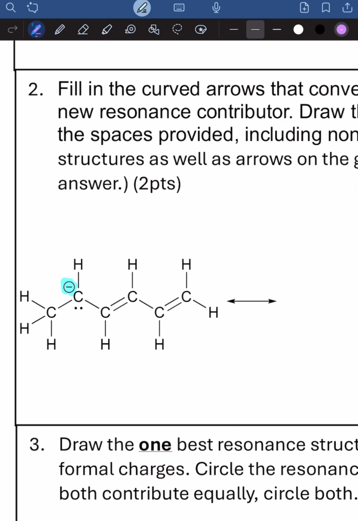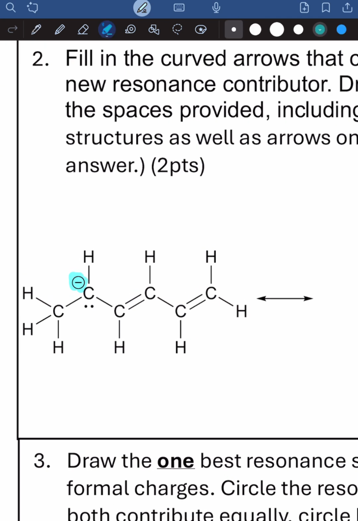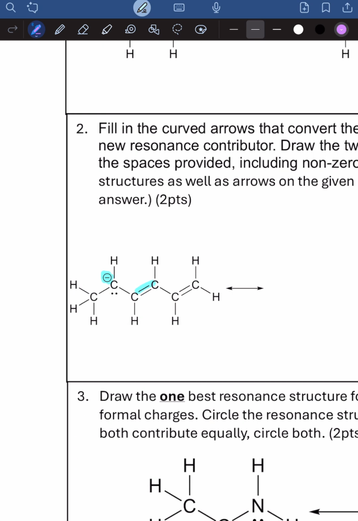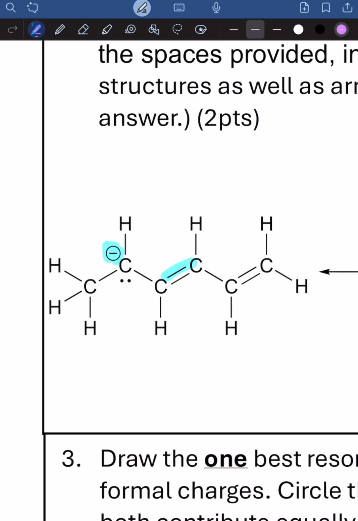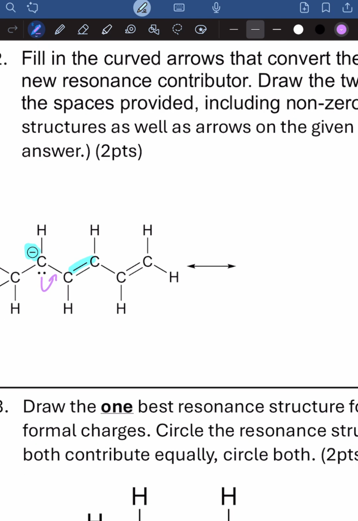In this case, this carbon has a negative charge, and if we take this pair of electrons right here and swing them over like we did in the last question, that doesn't really make sense because the charge is negative, and then the carbon would have more than its orbitals can fill. So in this case, the electrons are going to move from the rich area over. They're going to door hinge over, and we could draw a structure like this.